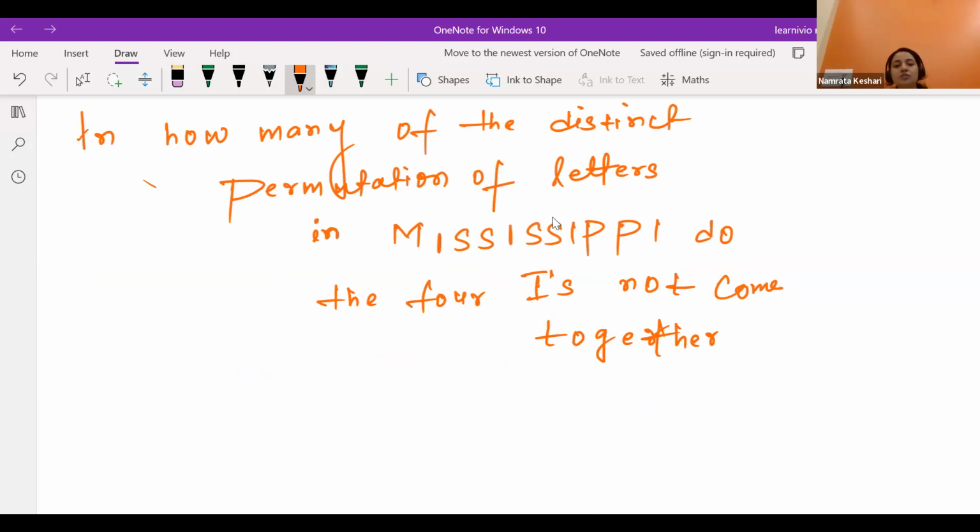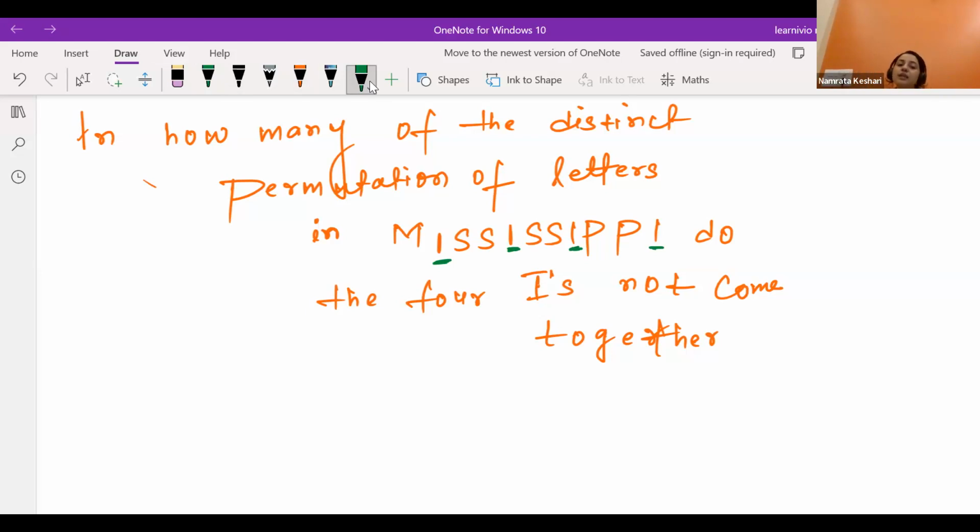How many permutation will be there in which all the I's, this I, this I, this I, and this I, must not come together? Okay, that's what we have to find over here. How many such permutation, how many such number of possibilities will we have.